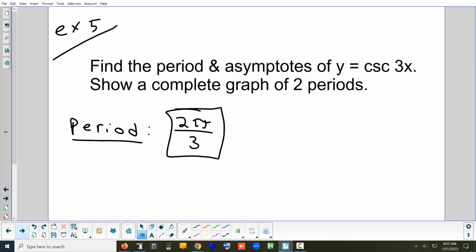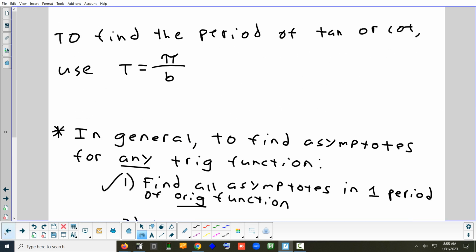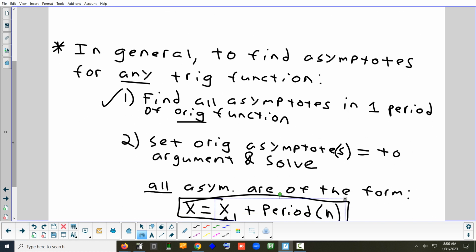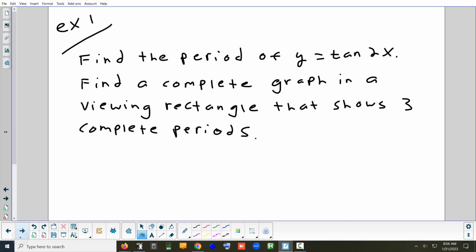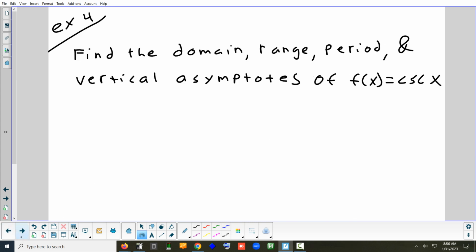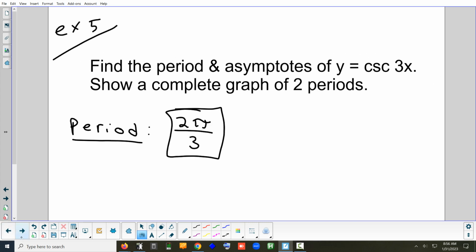All right, so now we need to find the asymptotes. Okay, step 1. Find the original asymptotes and then set them equal to the argument. So that's kind of combining steps 1 and 2 together. Find the originals, set them equal to the argument. All right, so we are dealing with cosecant.